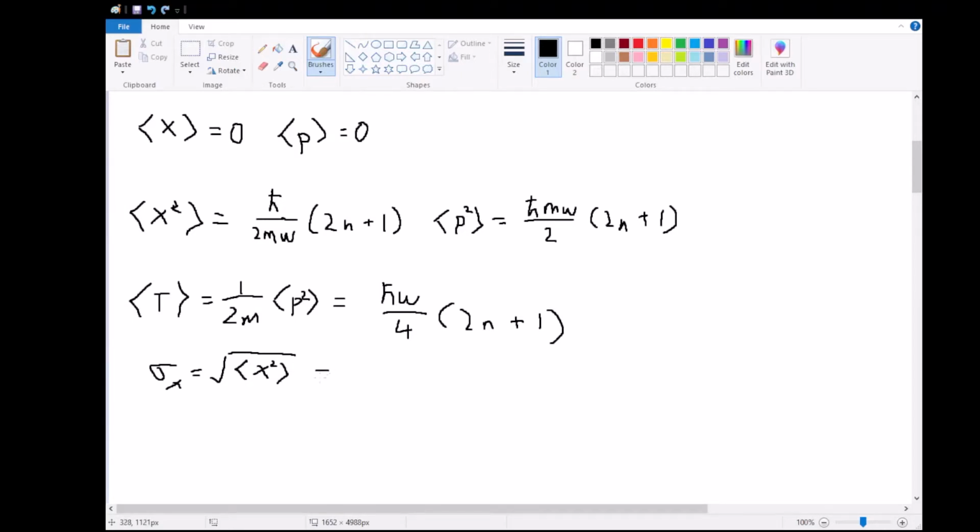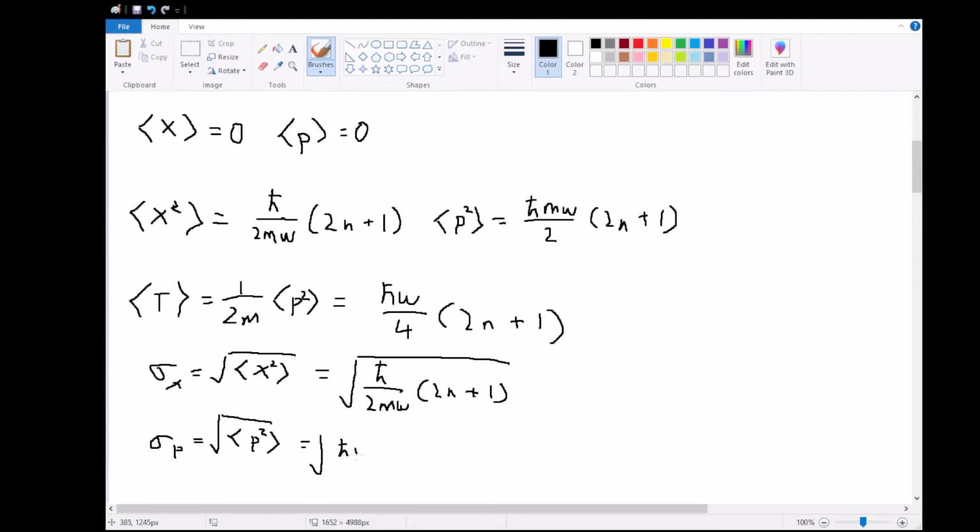This is going to give us the square root of h bar over 2m omega times 2n plus 1. Similarly, the error in p is going to be the exact same thing. It's going to be the square root of the expectation value of p squared. So this is going to be equal to the square root of h bar m omega over 2 times 2n plus 1.